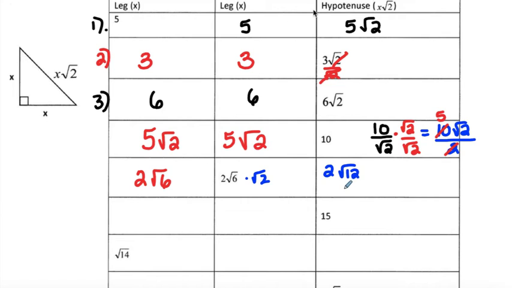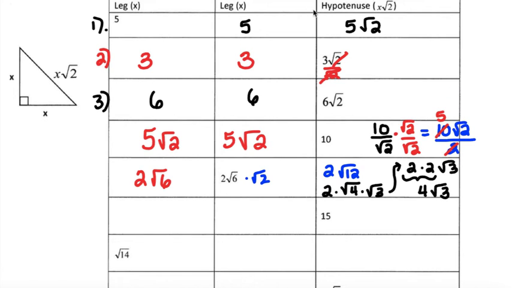So the square root of 12 can be broken up into the square root of 4 times the square root of 3. Now remember that 2 on the outside is still being multiplied. That's going to give me, the square root of 4 is 2, so I have 2 times 2 root 3. Now I'm able to multiply these guys to get 4 root 3.